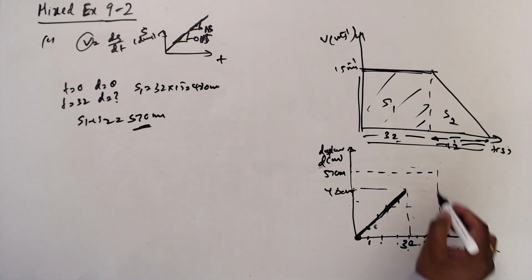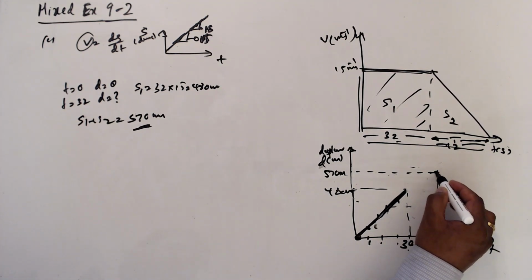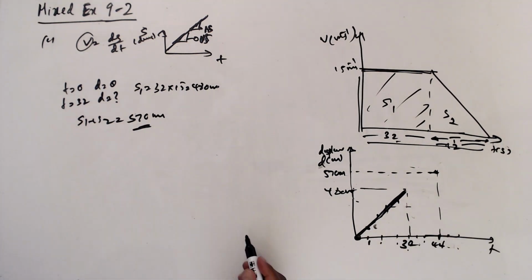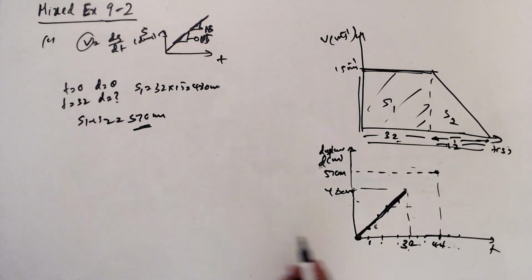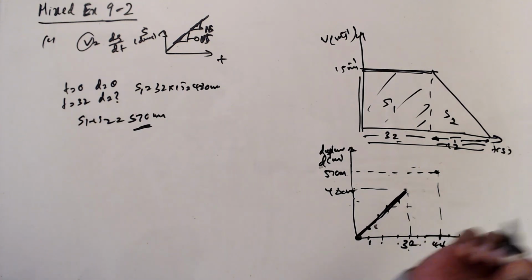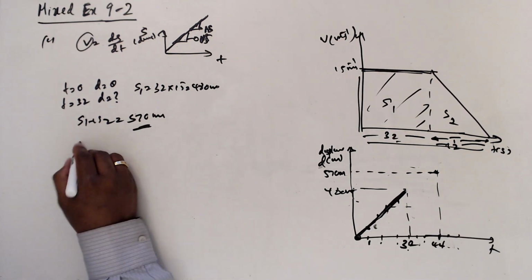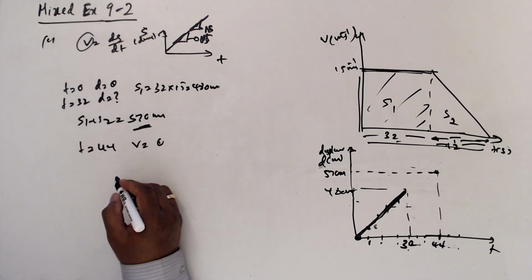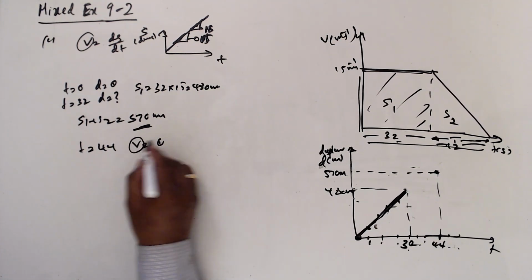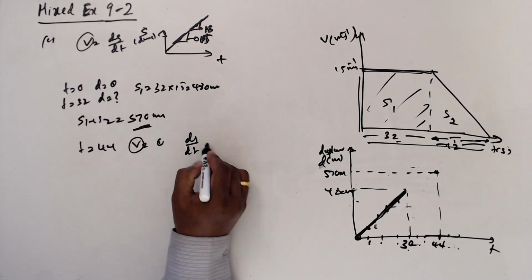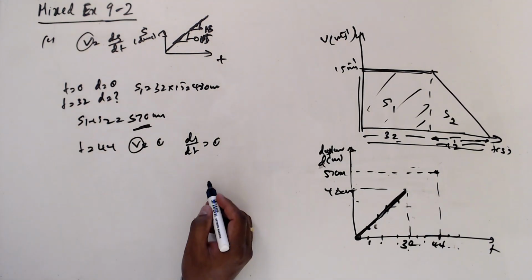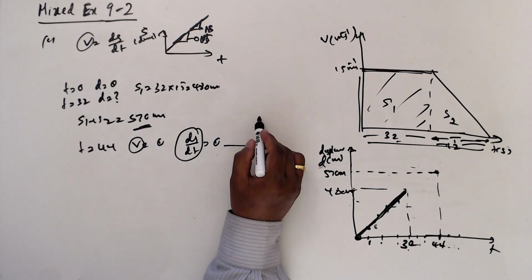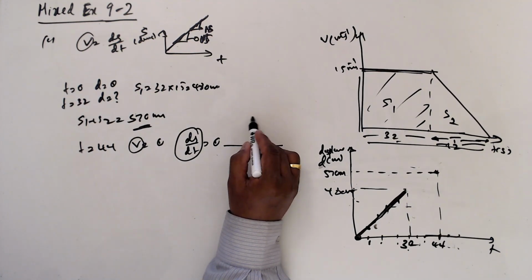Now this is 44. At this point, we know that the velocity is 0. When t equals 44, v is 0. V means ds over dt equals 0, so the gradient is 0. The gradient is 0 when the graph is parallel to the x-axis.